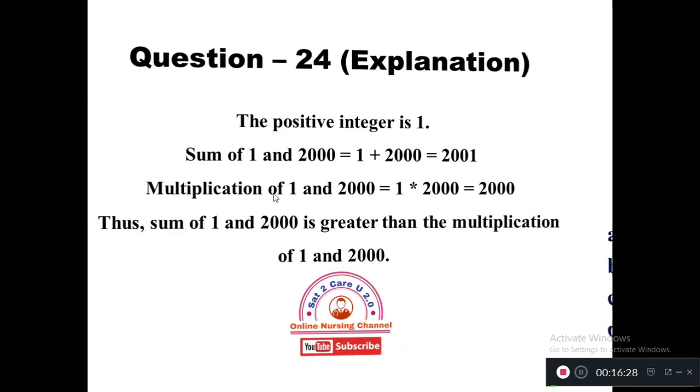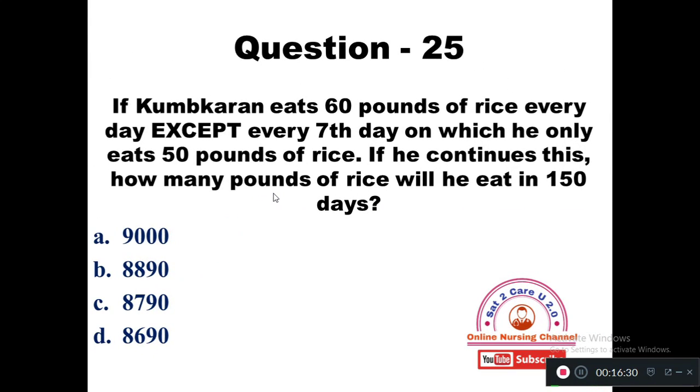Hope you understand. Question number 25. If Kumbhakarn eats 60 pounds of rice every day, except every 7th day, on which he only eats 50 pounds of rice, if he continues this, how many pounds of rice will he eat in 150 days? Very interesting question.